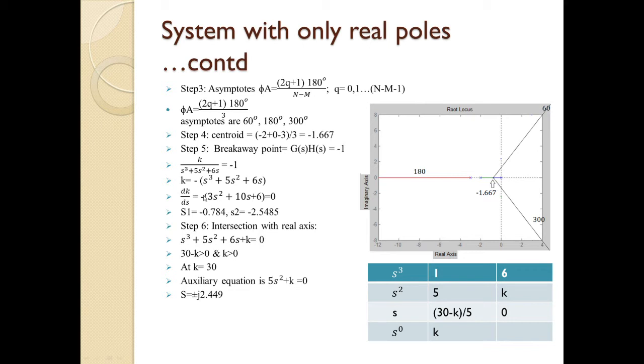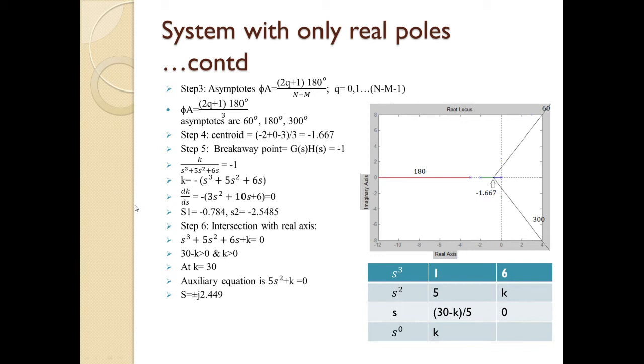So, if we solve dk/ds equal to 0, we are getting 2 solutions, that is s1 equal to minus 0.784 and another is minus 2.5485. Now, remember that any point located between minus 2 and minus 3 does not lie on the locus.